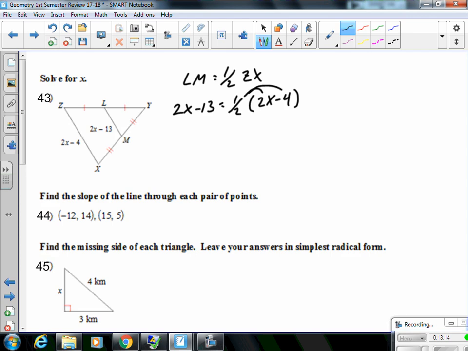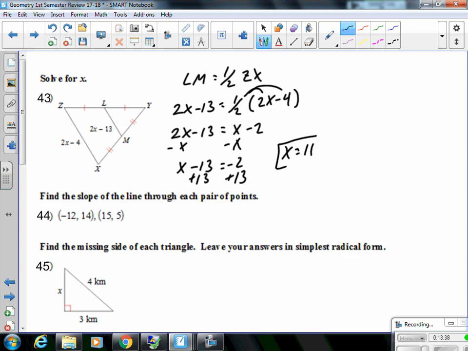Distribute the 1/2. 2x minus 13 is going to equal x minus 2. So then solve for x, subtract the x. So x minus 13 equals -2. Add 13 to both sides. X is going to equal 11.